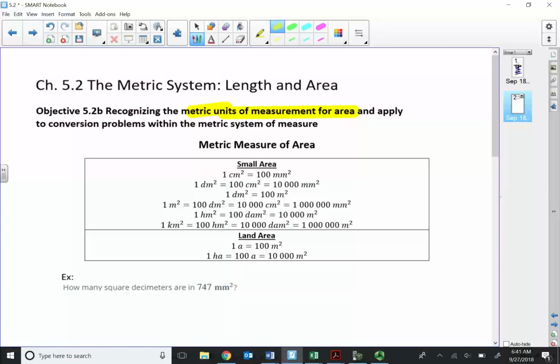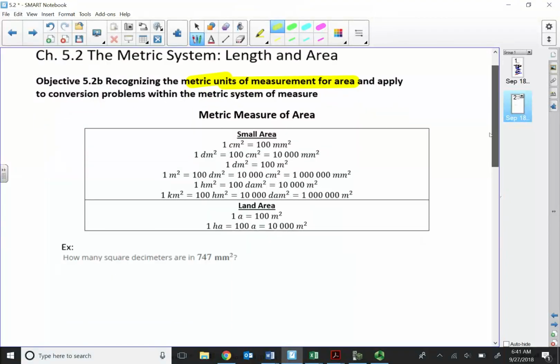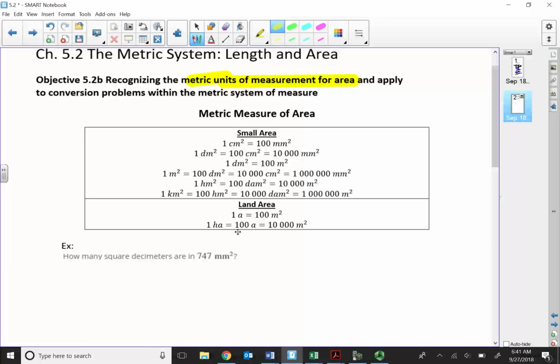All right, so here, and also on the formula sheet, I wrote these area formulas down for you. Here on the top is referring to small area.